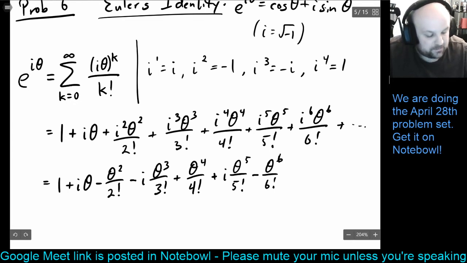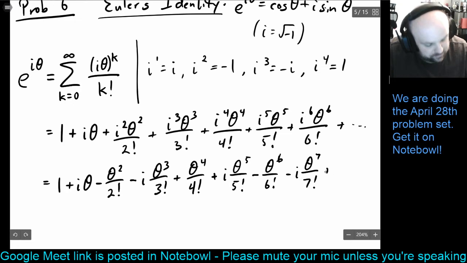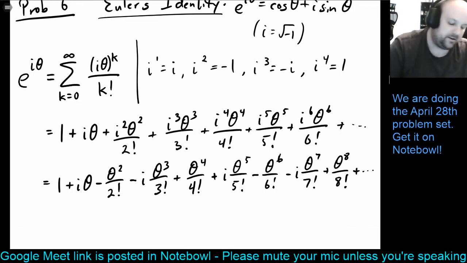And if we follow the pattern more, we're going to get minus i theta to the 7th over 7 factorial plus theta to the 8th over 8 factorial. I wanted to get 8 terms, but I ran out of room up there.